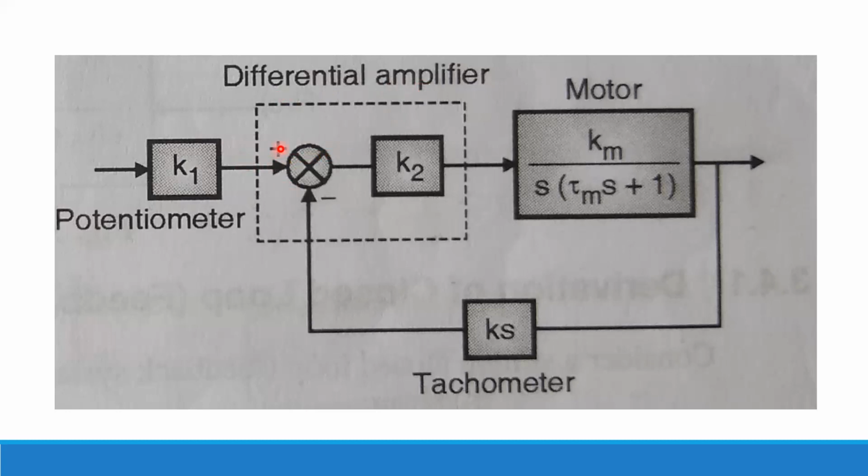The input is positive here, and K2 gets a corrected signal because the tachometer gives us a feedback signal which is minus. So this differential amplifier will act as a summing point, in subtraction mode. The plus signal will be compared with this minus signal, and the corrected signal will be given to the DC motor.